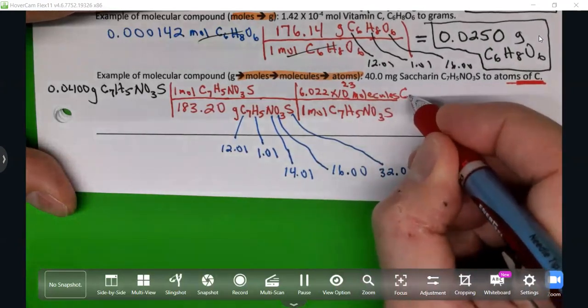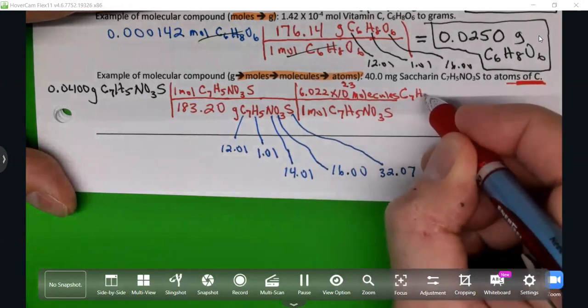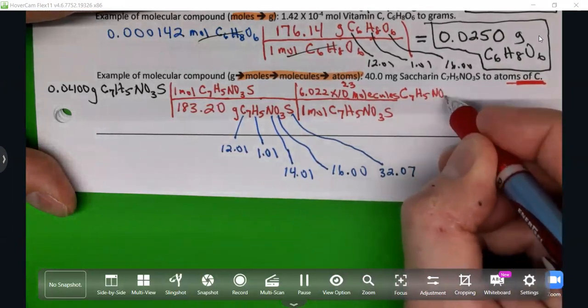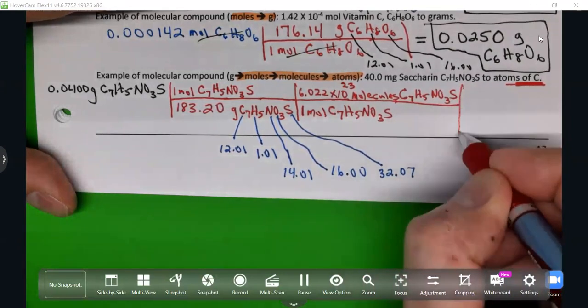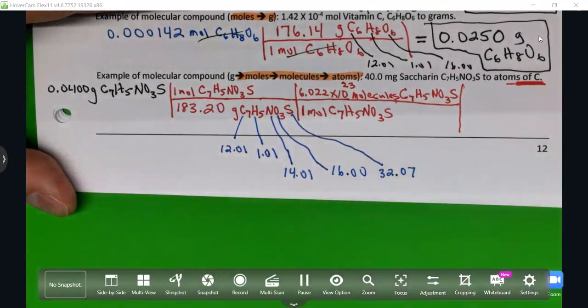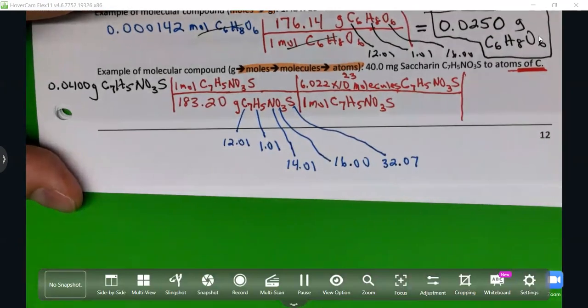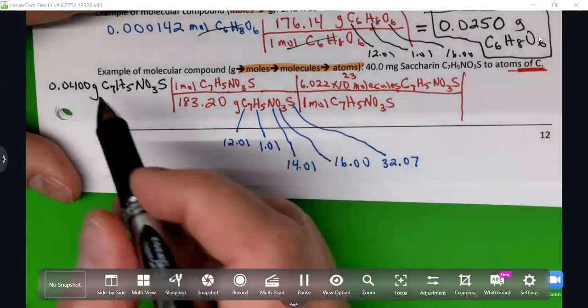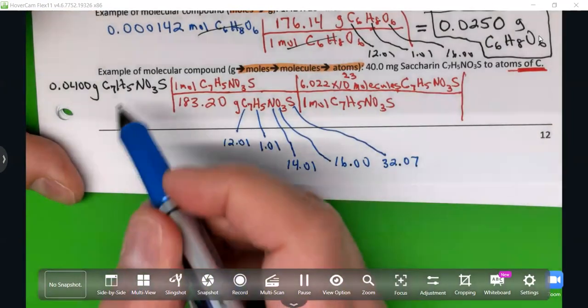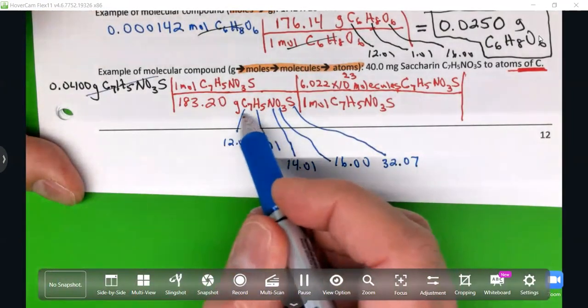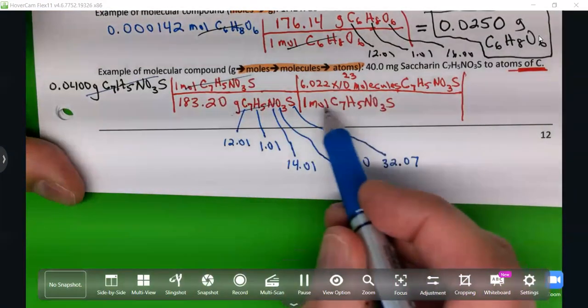Molecules of C7H5NO3S. Grams cancel out, moles cancel out.